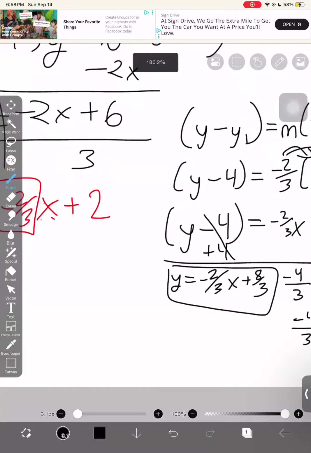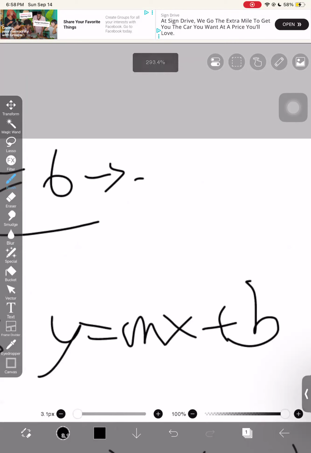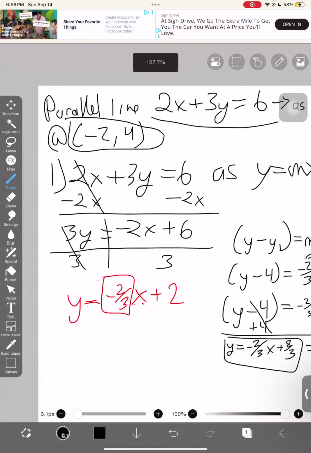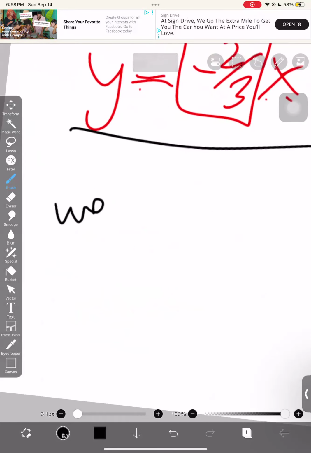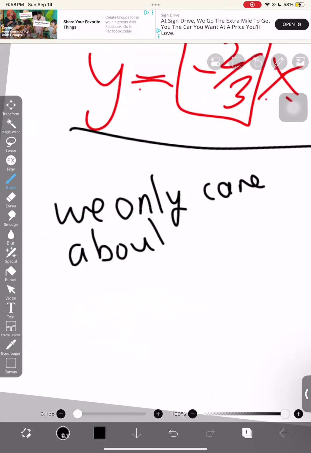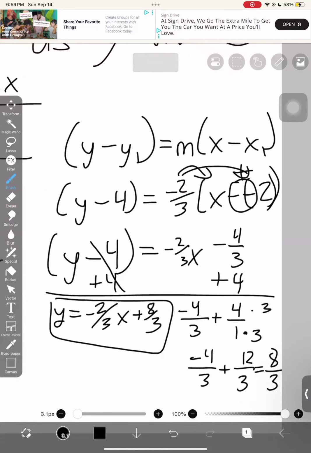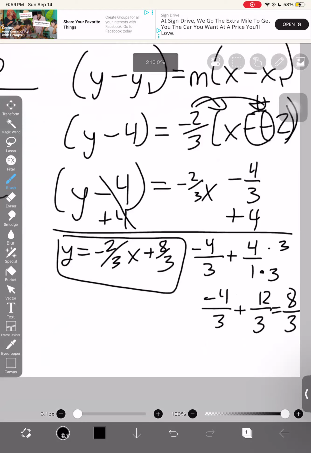So first you have to kind of rewrite this, right, as y equals mx plus b, right? Which we did, but all we really care about is the slope. Once we get the slope, we use the point slope formula, plug the things we do know, and then we're able to solve for our line.